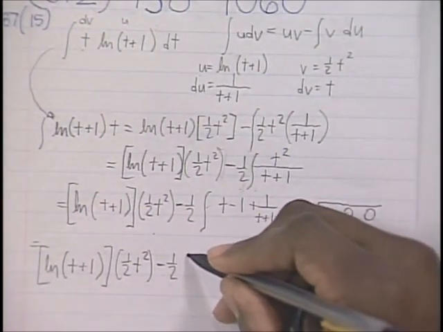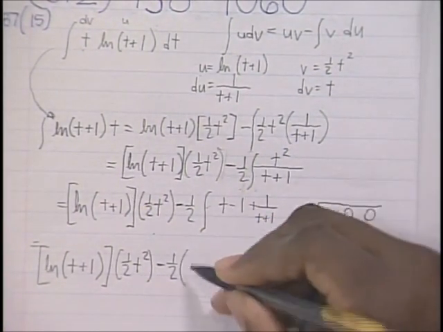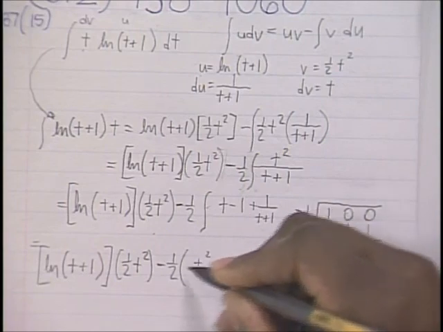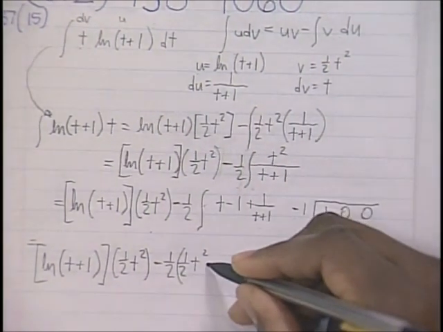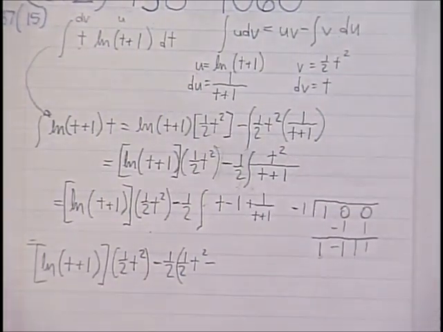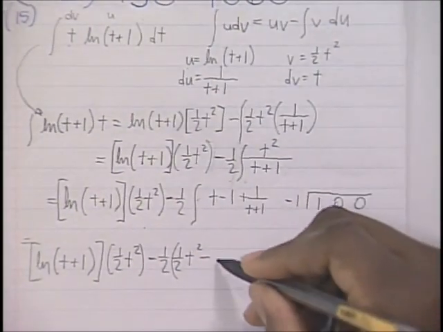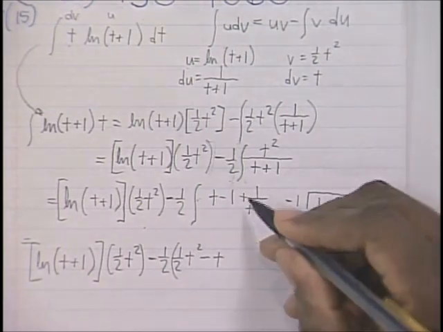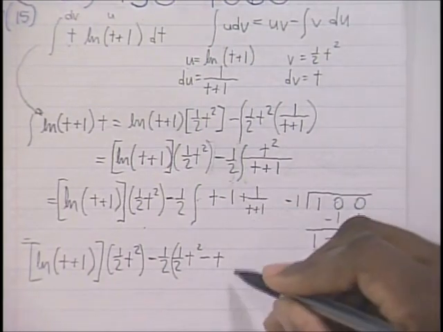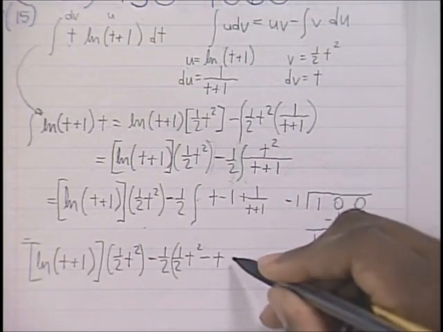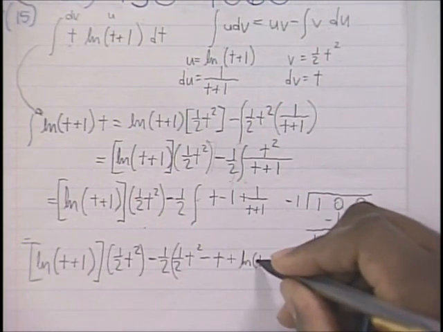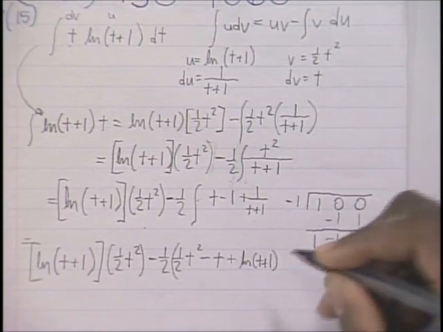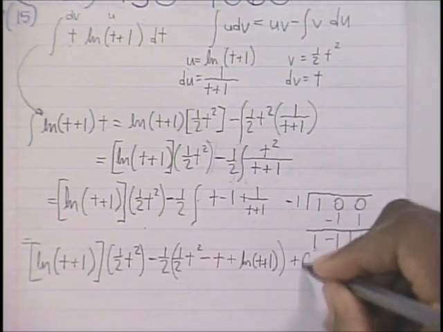The antiderivative of t is just half t squared. The antiderivative of 1 with respect to t is just t. And the antiderivative of 1 over t plus 1 is the natural log of t plus 1. All right? And this is plus c.